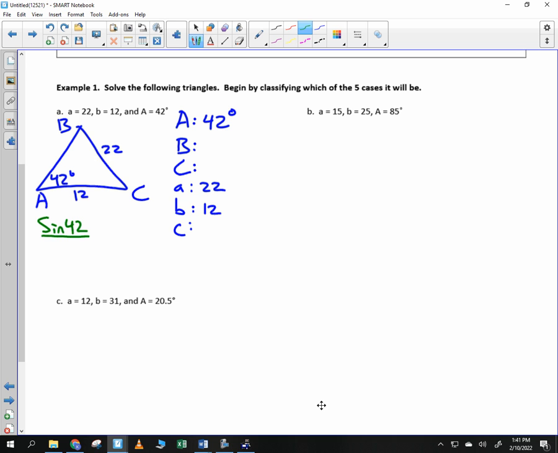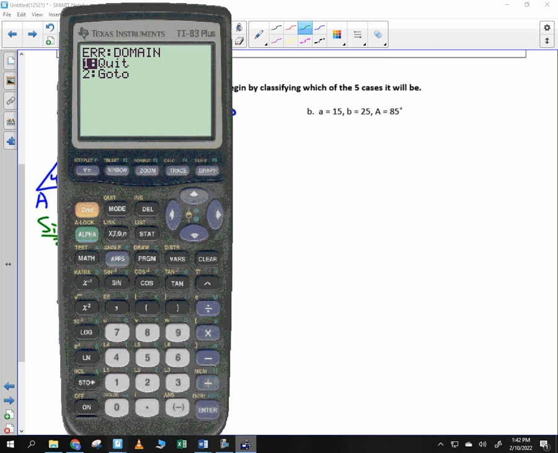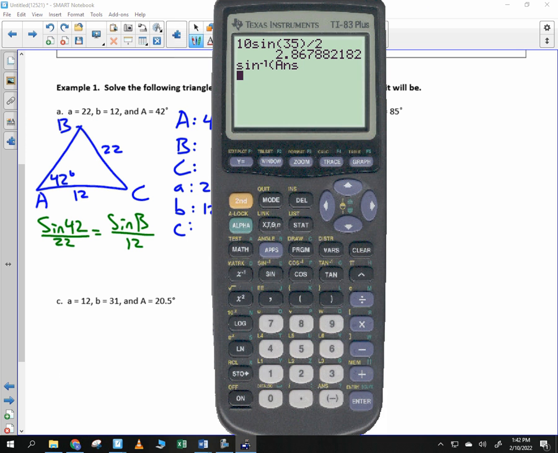Good. Sine of 42 over 22 is equal to the sine of B over 12. What did we do to both sides? Multiplied by 12. So I'll multiply the 12 over, and I'll get 12 sine of 42 divided by 22. And I've got 0.3649.